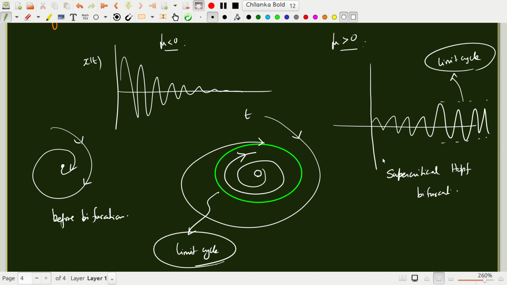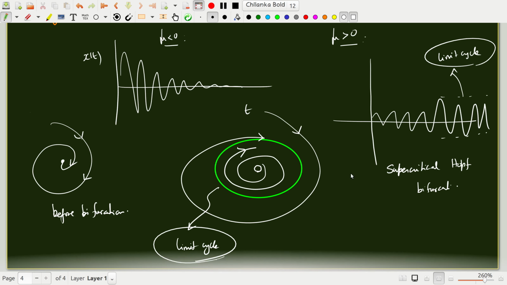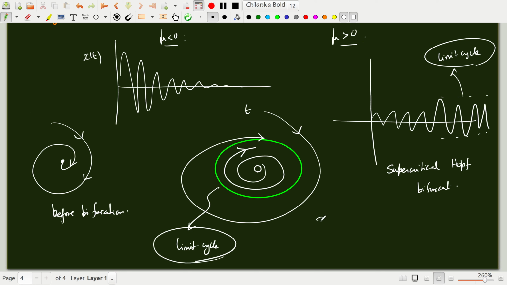if it is a supercritical Hopf bifurcation. But you can also have a subcritical Hopf bifurcation, wherein for mu greater than 0 this is unstable, but for mu less than 0 also, this is stable.